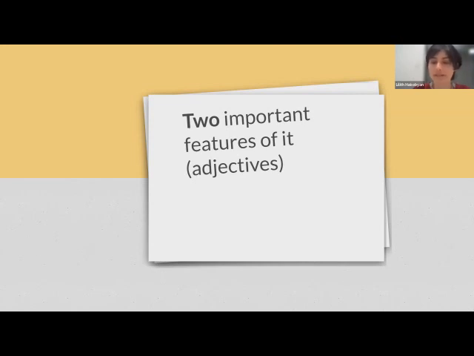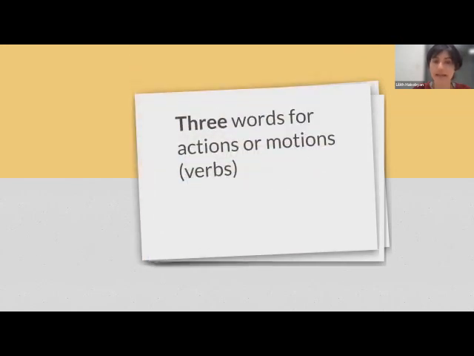The first word, to make it easier for the kids, can be a noun, because they should continue with two adjectives. And then the third line of the poem should be three words for actions or motions. So those should be verbs regarding the first word that was suggested in the beginning.